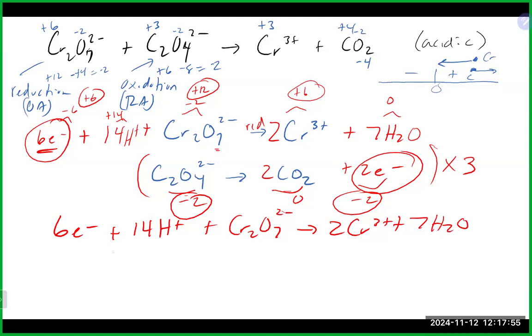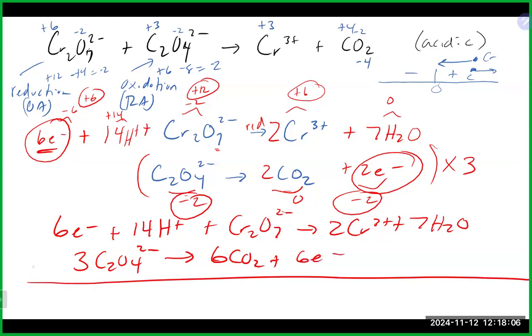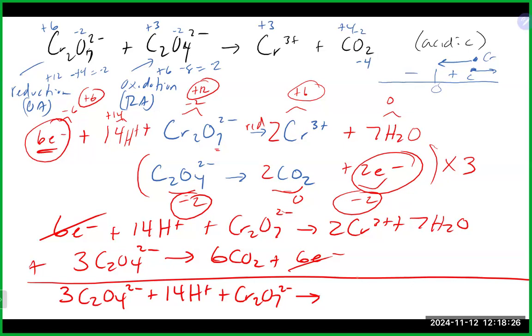Bottom guy, we're going to go 3 of the C2O42 minus, gives us 6 of the CO2 plus 6 electrons, which I believe is what he's looking for here. So electrons will cancel. And that actually is everything, I think, here that will cancel. So we'll end up with 3 C2O42 minus plus 14 H pluses and Cr2O72 minus on the right-hand side of the arrow.